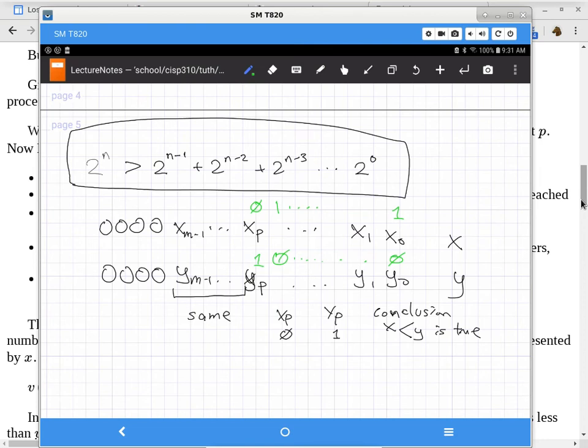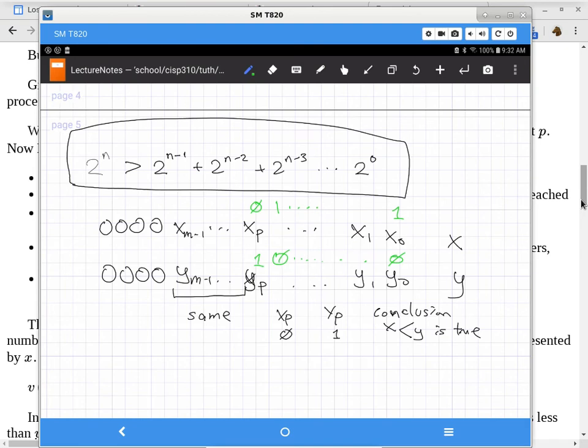But how do we know that? The theorem, exactly. The theorem that we just proved earlier said that 2 to the power of p is greater than 2 to the power of p minus 1 plus 2 to the power of p minus 2, all the way to 2 to the power of 0. That's just what we have proven earlier.